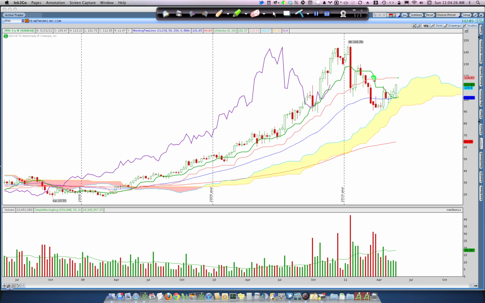Crossovers are important. The number 9 and the number 26 are what are also used in your MACD. Coincidence? Probably not. Different than the MACD, because here how you calculate your 9 and your 26 are different. They are averages of highs and lows.